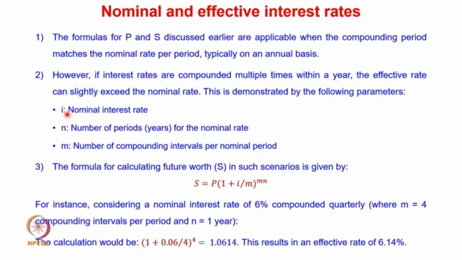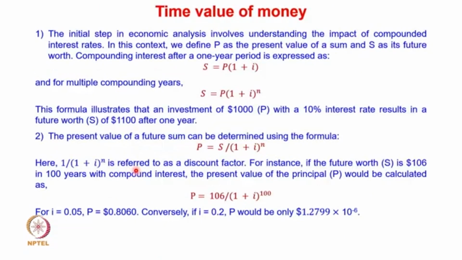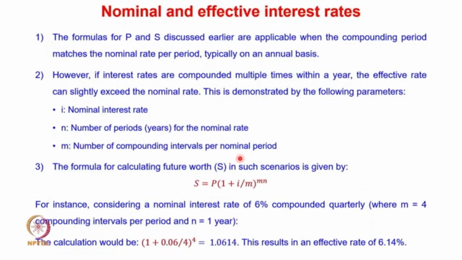So the nominal interest rate is, let's say, I, the number of periods for the nominal rate is n, and the number of compounding intervals per nominal period is, let's say, m. And in this particular case, the earlier formula which we have seen is going to get modified when we are having multiple compounding cycles per year. In that case we can get S equals P into 1 plus I divided by m raised to the power mn.